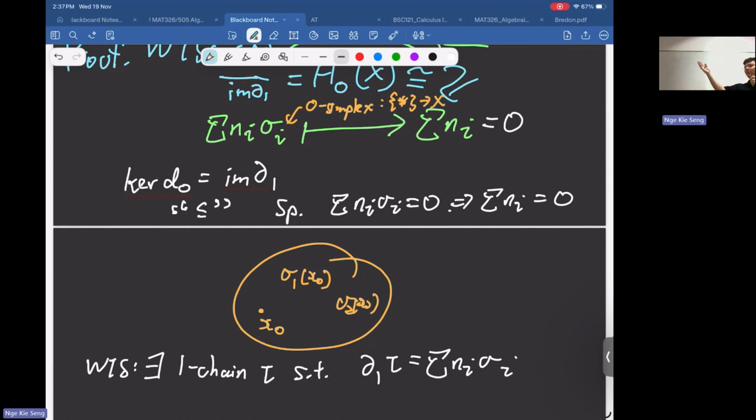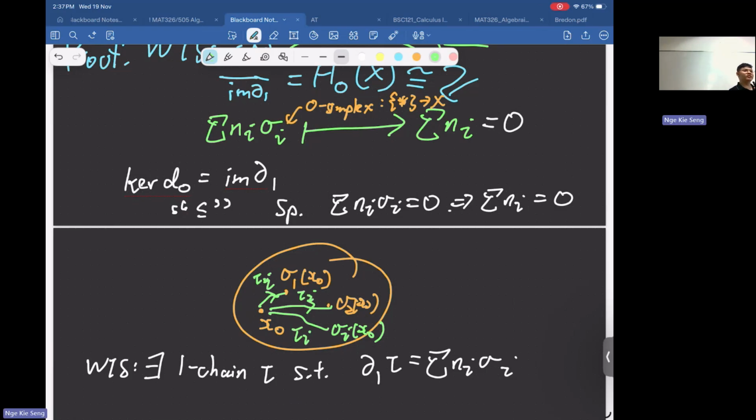So I take a point, I let sigma I act on it, and it's a point in X. Because X is path connected, I can look at the path that joins X naught to sigma I of X naught, and I call this tau I.